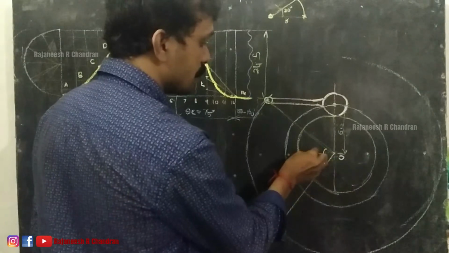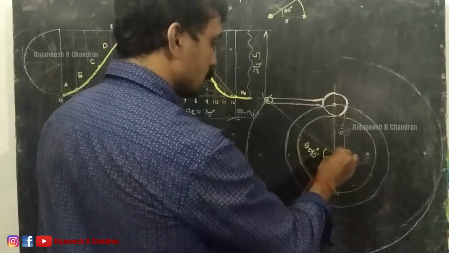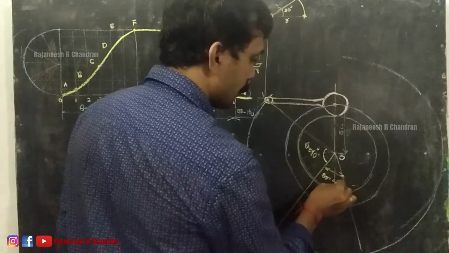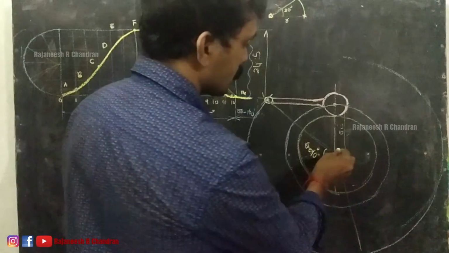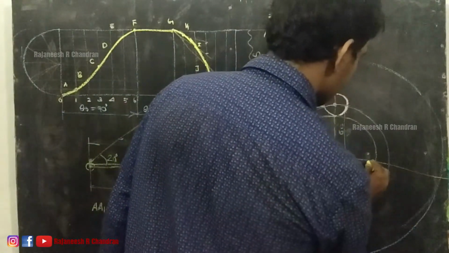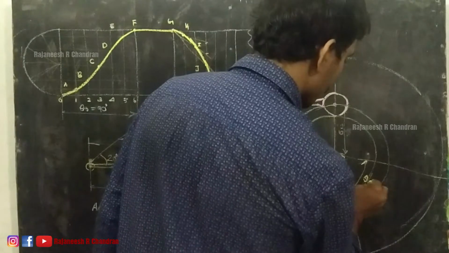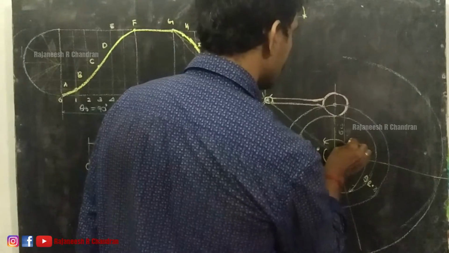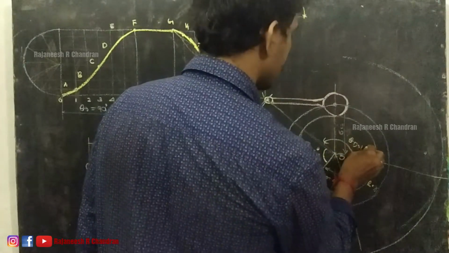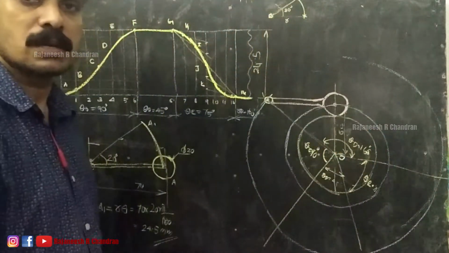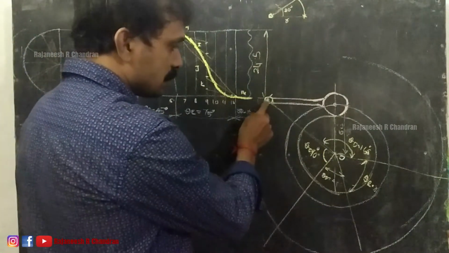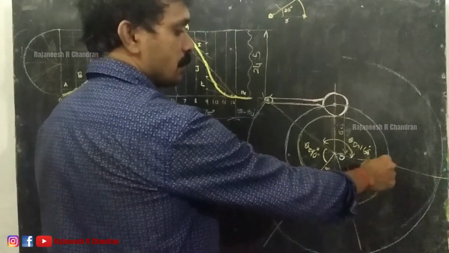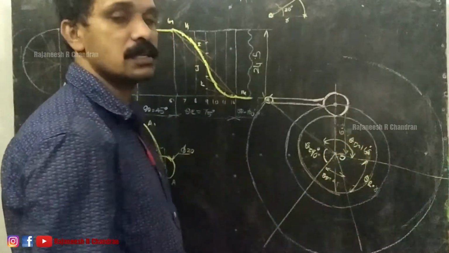That means this will be 90 degree outstroke, this will be 45 degree dwell, this will be 75 return stroke, and this portion will be the balance dwell, 160 degree. Have you understood? So keeping this line, measure 90 degree outstroke, 45 degree dwell, 75 return, balance 160 dwell.